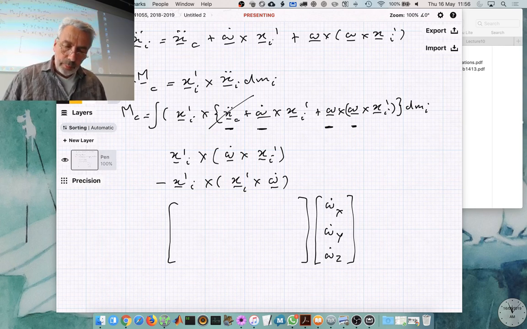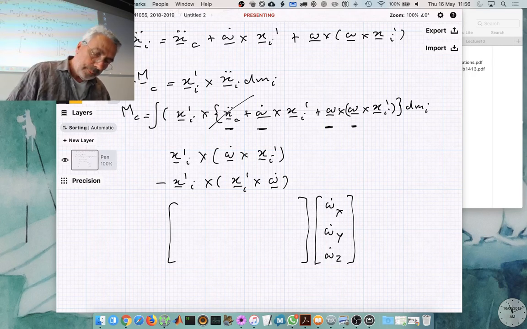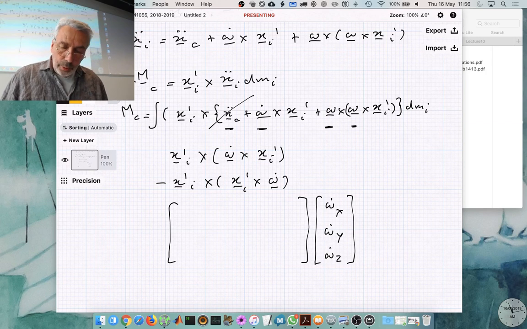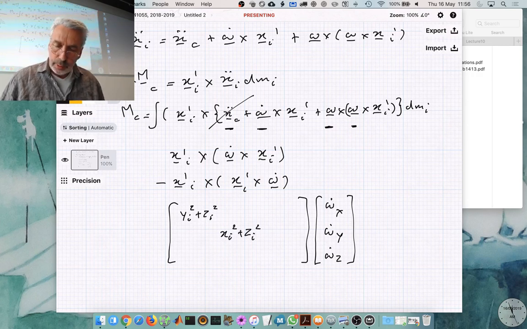You get, with the minus sign in front of it, yi squared plus zi squared. And here we get xi squared plus zi squared, and here we get xi squared plus yi squared.